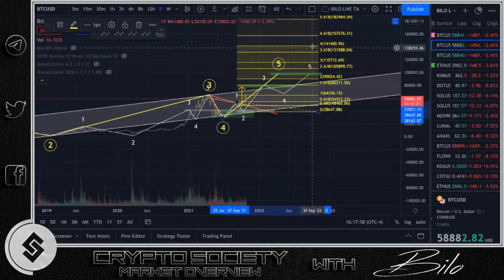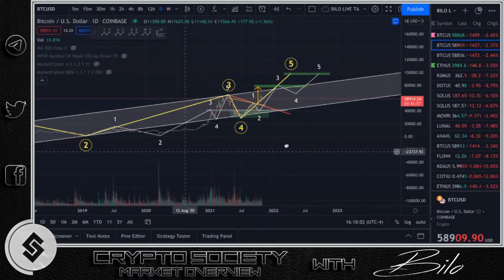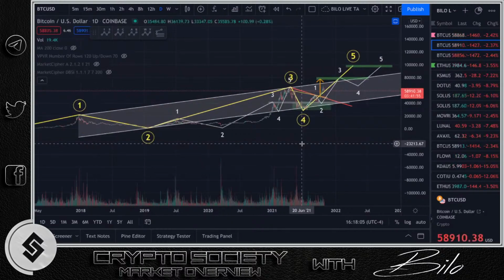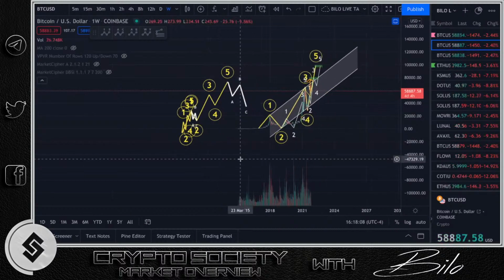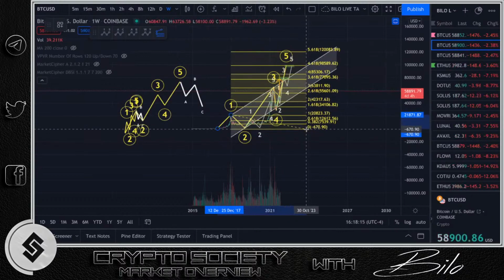Okay, the same holds true on the entire cycle, depending on where wave three ends up being. So in this case, if wave three ended up being, we're going to draw it again from here to here to here.